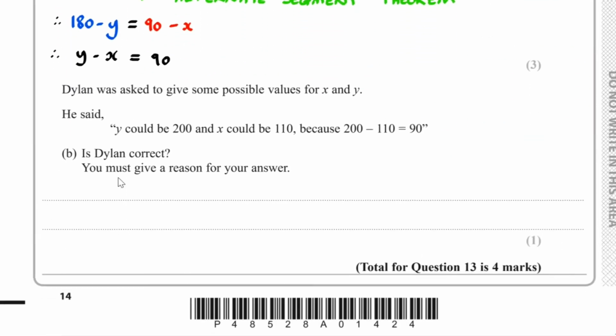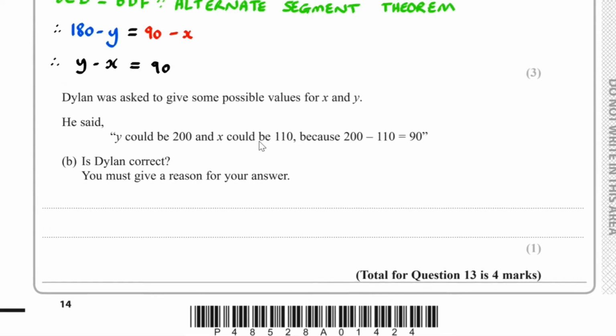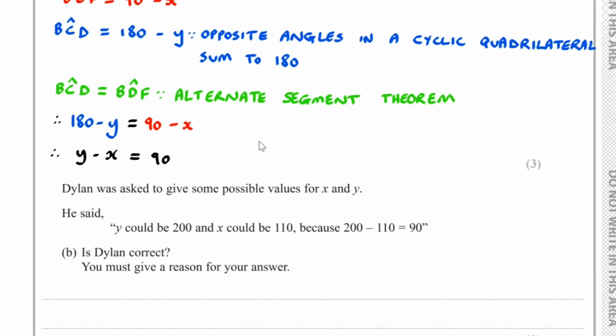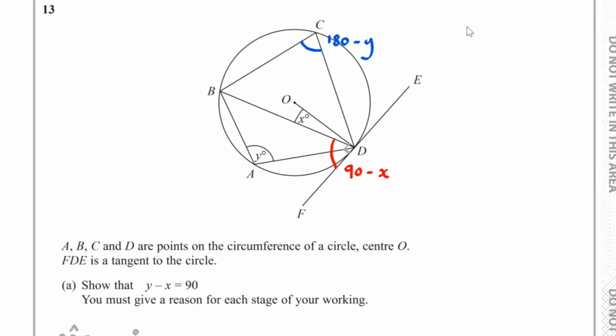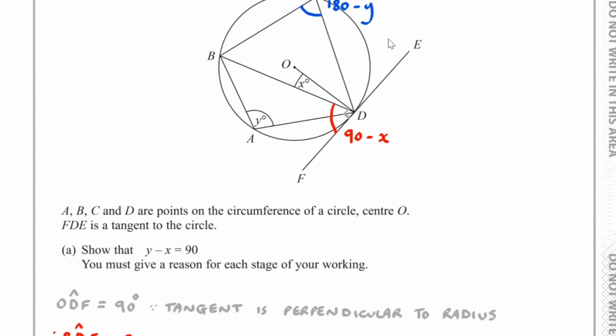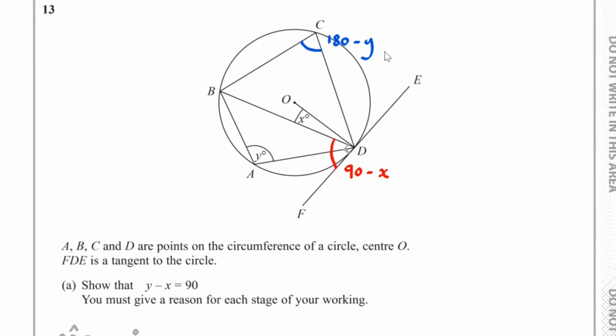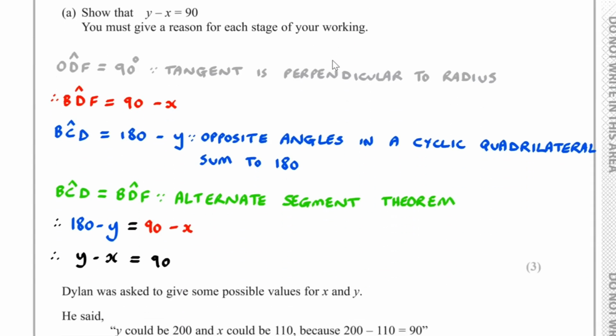Now for the next part of the question, Dylan was asked to give some possible values for x and y. He said y could be 200 and x could be 110 because 200 take away 110 is 90. Is Dylan correct? Well, if I think about this, 180 minus y must be less than 180, otherwise we'd have a negative angle for BCD.